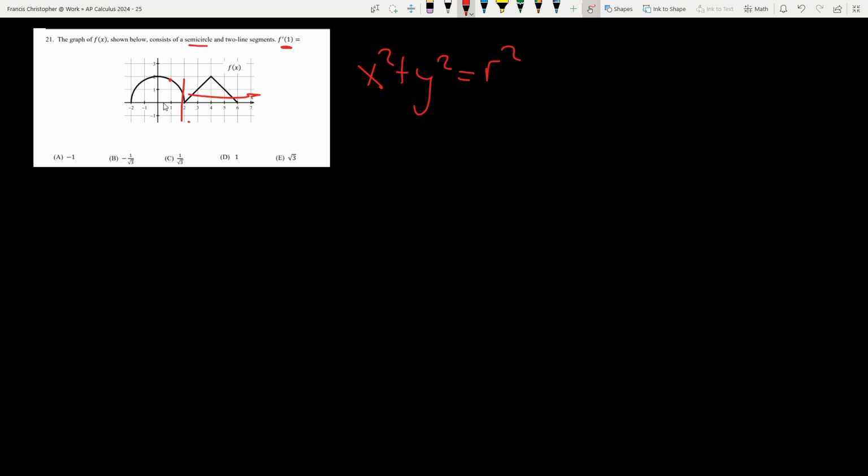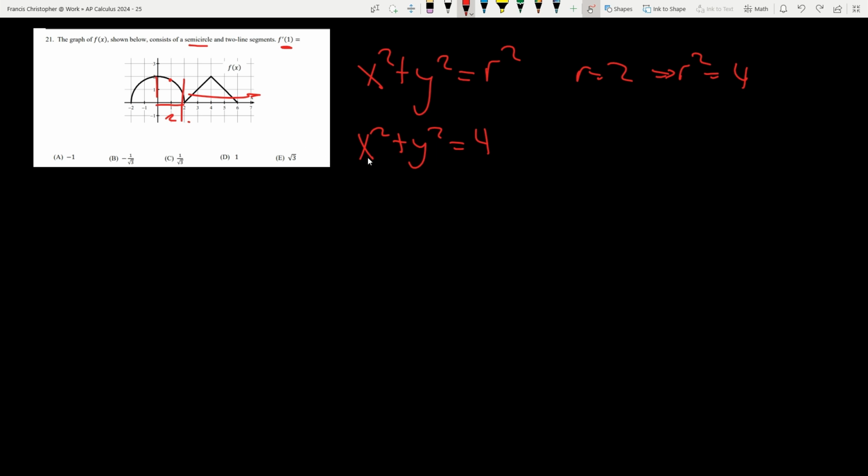Now, the radius here is pretty clearly 2, because it's 2 units away at every single point from the origin. So if r equals 2, then r squared equals 4. So our implicit equation becomes x squared plus y squared equals 4.